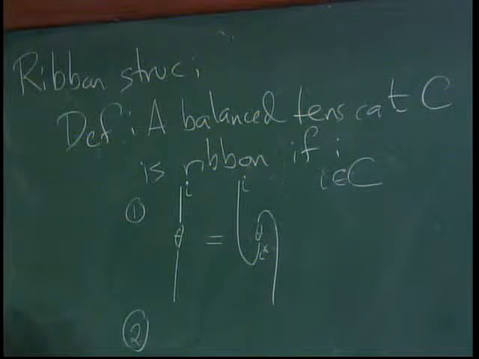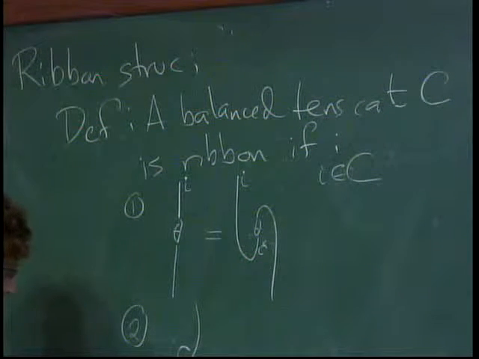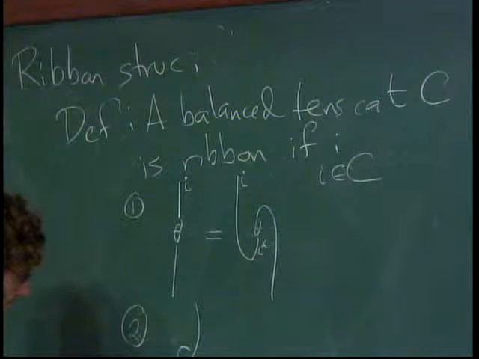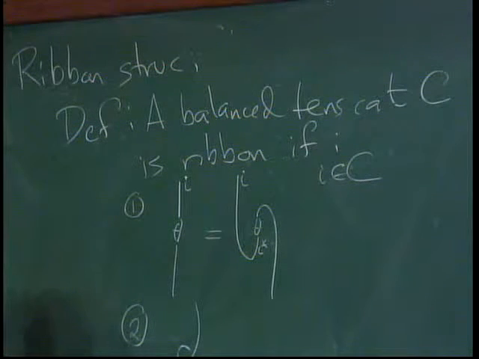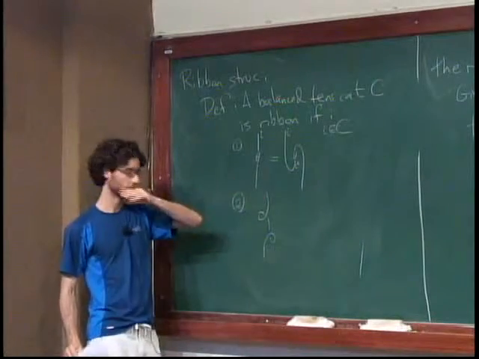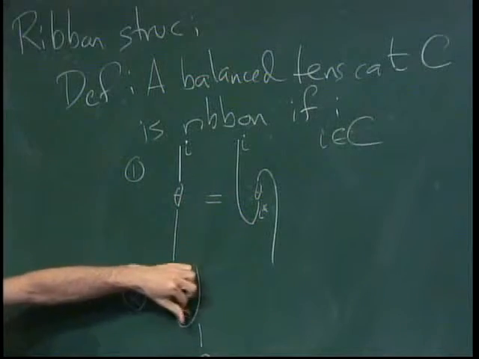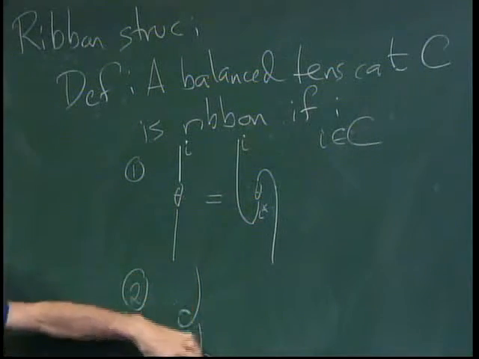Condition 2 is the following. Again, I'm in some braided category with duals, so I can use evaluation and co-evaluation, and I can braid, and I can evaluate and do the same thing.